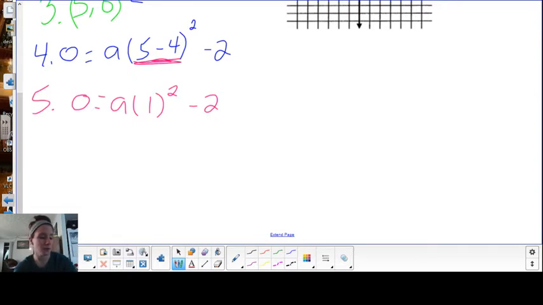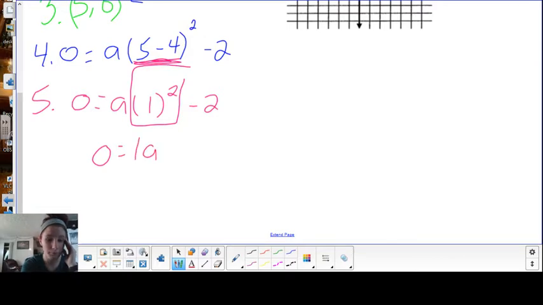Next, I'm going to go ahead and do my squared part. So what is 1 squared? Good, 1. So you have 0 is equal to, now what's 1 times a? Good, just 1a. Now last time I didn't have a plus or minus, so this would be the point in time where we'd get rid of it. So to undo negative 2, I'm going to add 2.